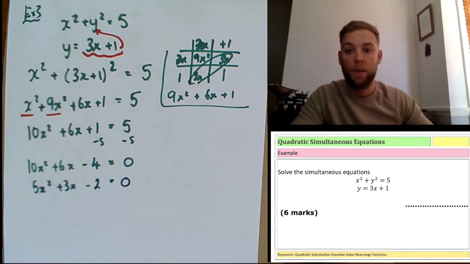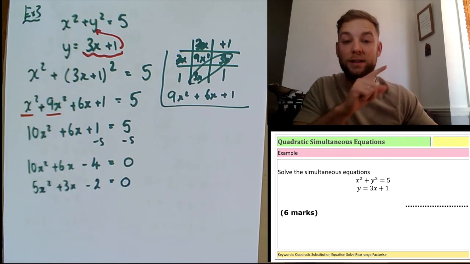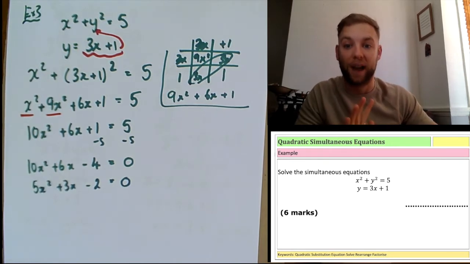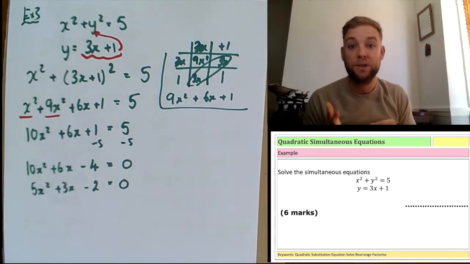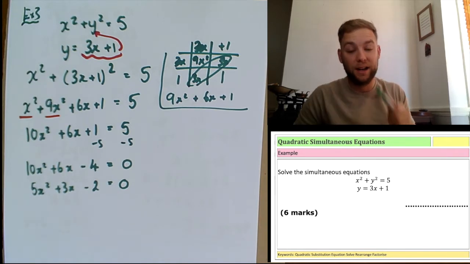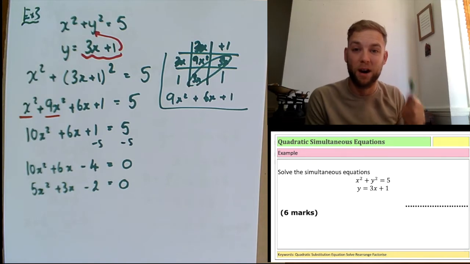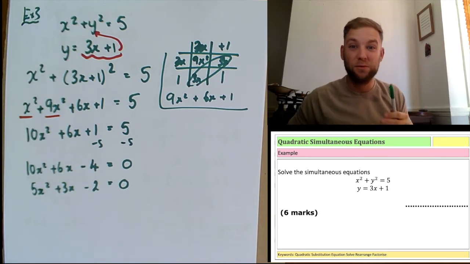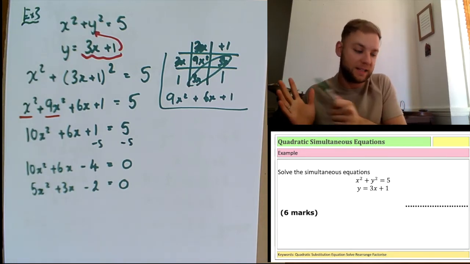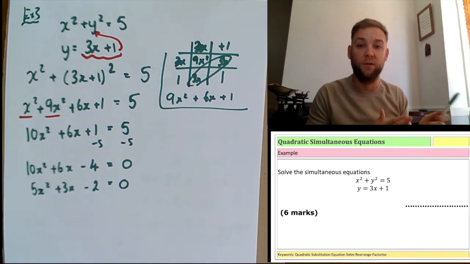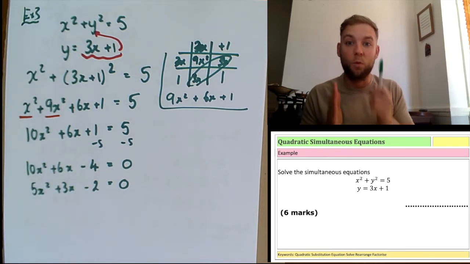The next thing I need to consider is: do I need to use the quadratic formula for this, or do I need to use factorizing? I happen to know that this came up on a non-calculator paper, so they're expecting you to factorize this one, which is why it's worth the 6 marks. To decide whether you're going to be factorizing or using the quadratic formula, it just depends on what paper you're doing.